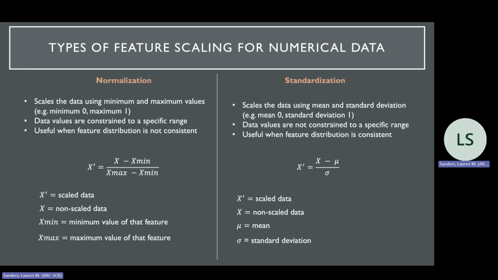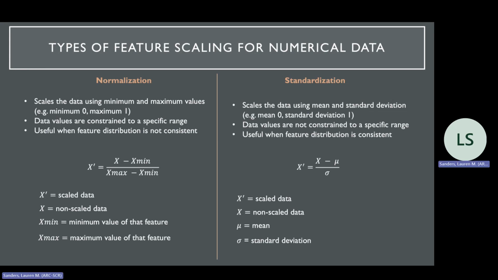And this is useful when the feature distribution is really not consistent across the data set. The calculation for normalization is quite simple. In order to get a scaled data point, you simply take the non-scaled data point, subtract the minimum value of that feature, and divide that by the maximum value of that feature minus the minimum value of that feature.